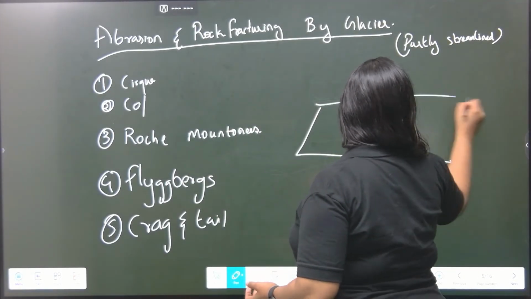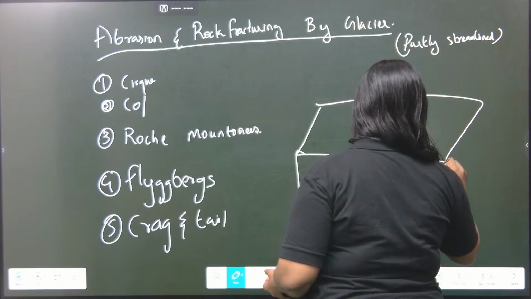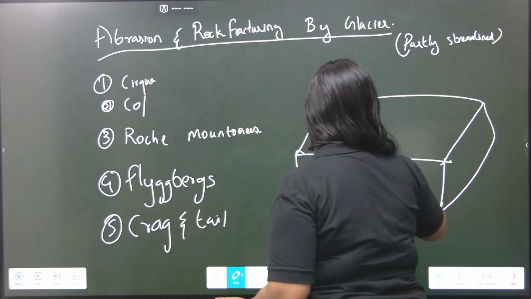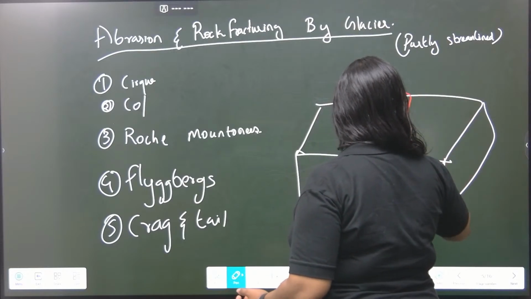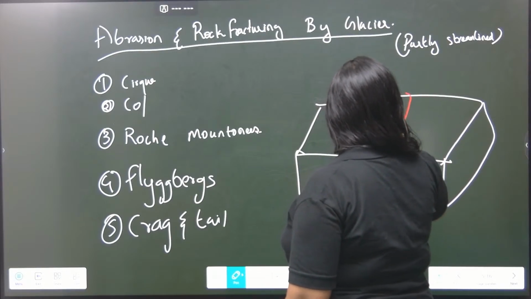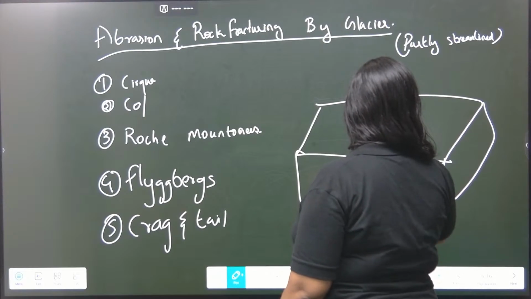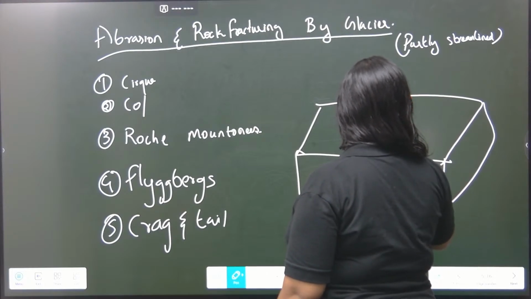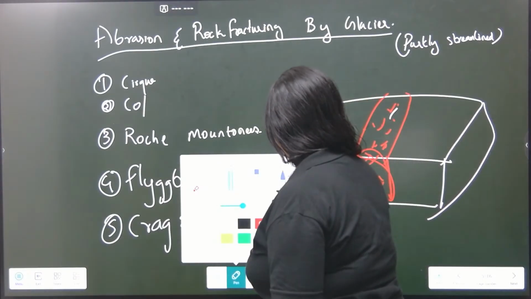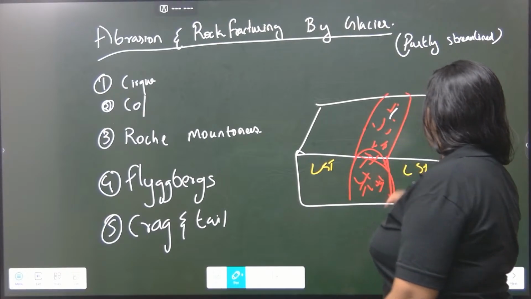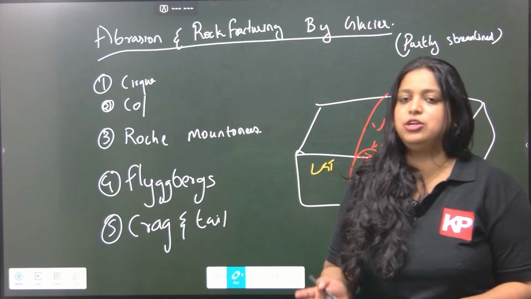Imagine this terrain over here. There is a bedrock present, and this bedrock is surrounded by limestone. The limestone is present on either side of the bedrock.